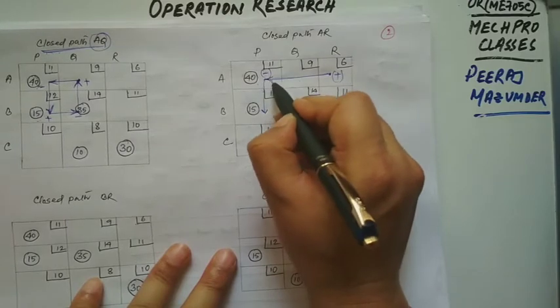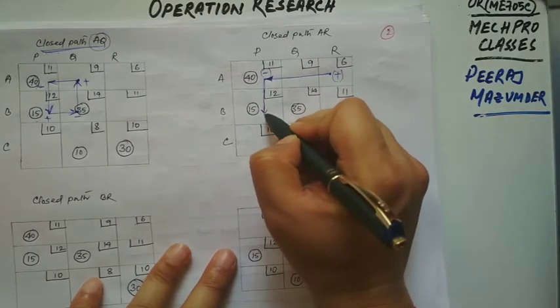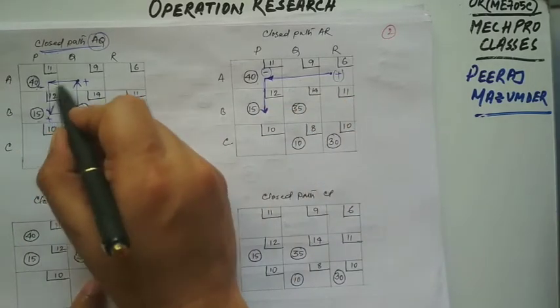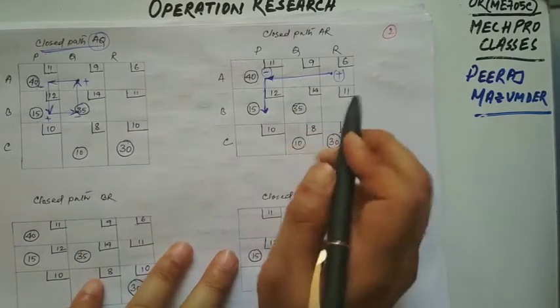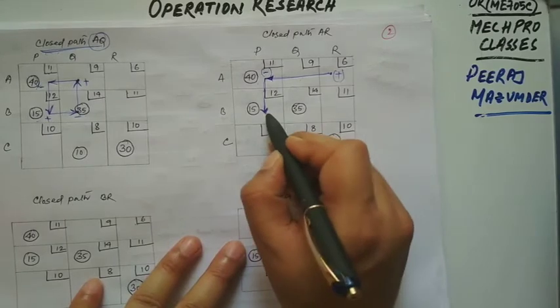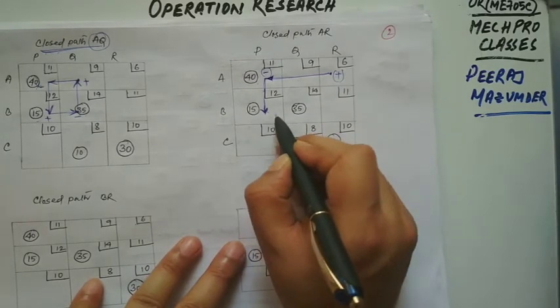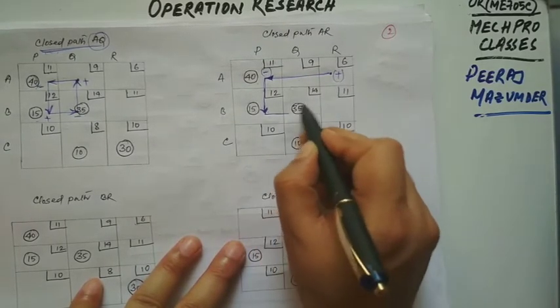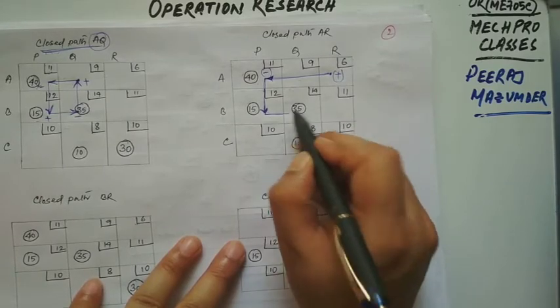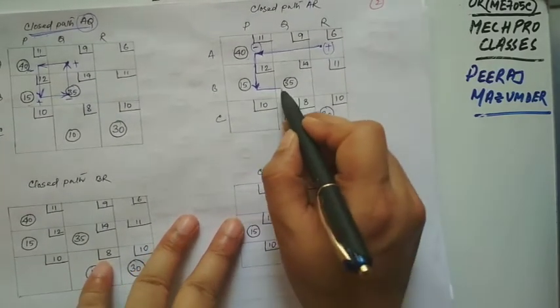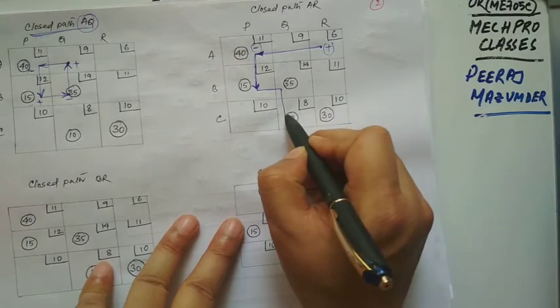Always give the arrow marks to show where you are going. Next, this is also allocated, so you can take a turn. This is also allocated, you have to take a turn.